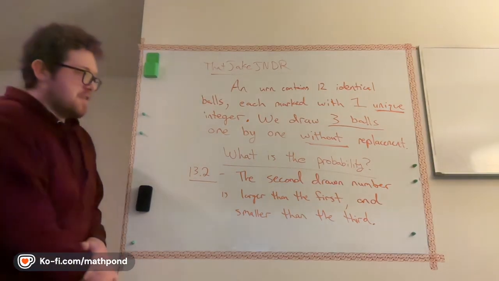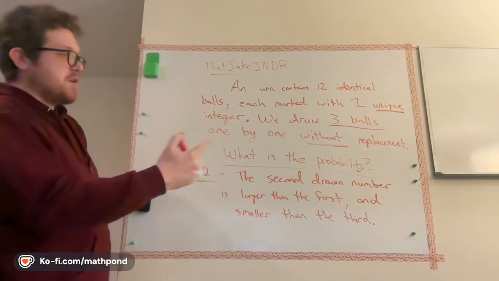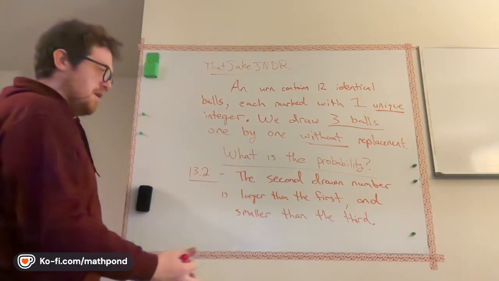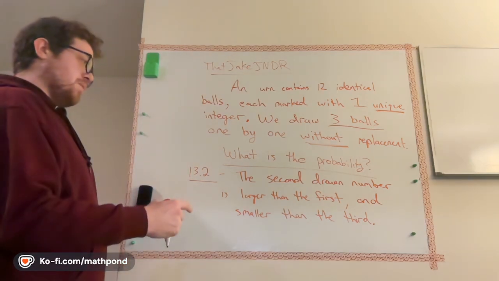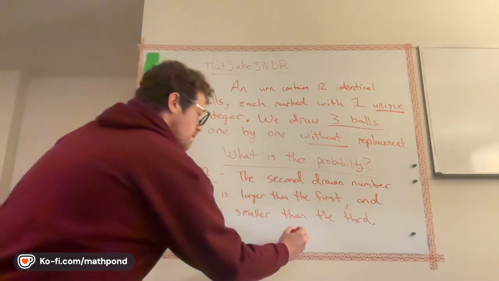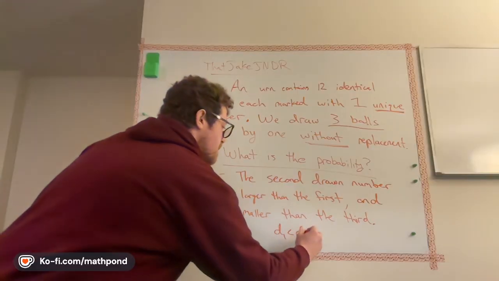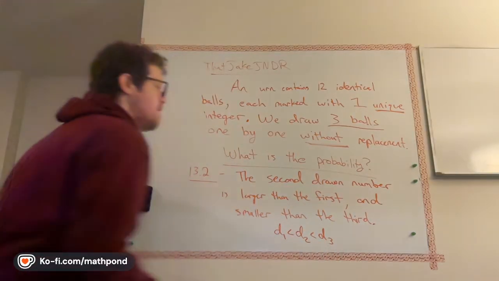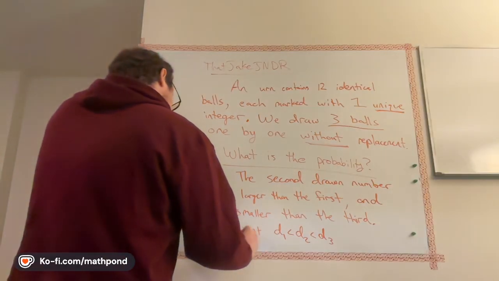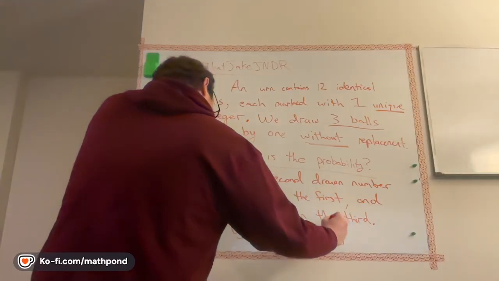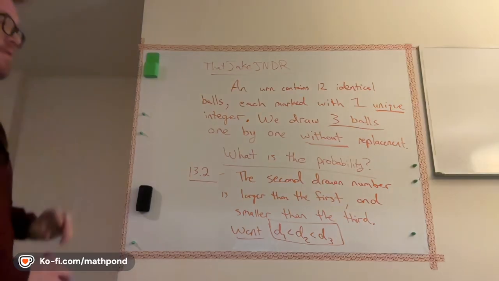Okay, that's interesting. So let's say the numbers that we draw are D1, D2, and D3. We want D2 to be bigger than D1 but smaller than D3. Right? Second drawn number is larger than the first and smaller than the third.